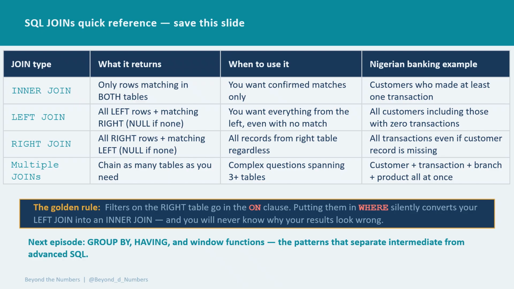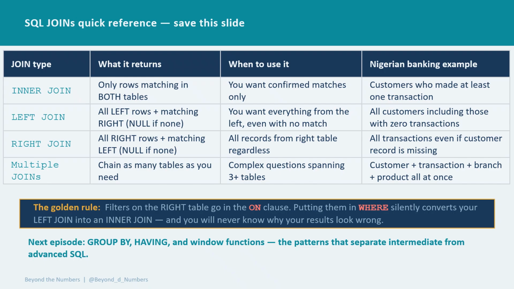Then you have the right join: all rows from the right, null where no match on the left, and it's less common anyway. Most situations that need a right join can be rewritten as a left join by swapping the tables. Then multiple joins, where you chain as many tables as you need, one join at a time.